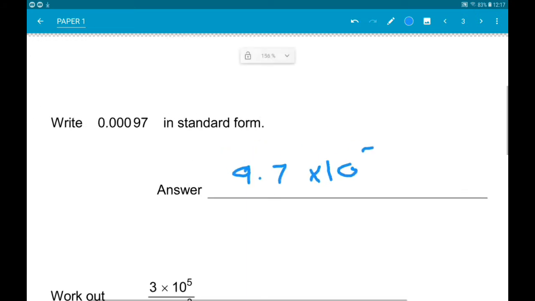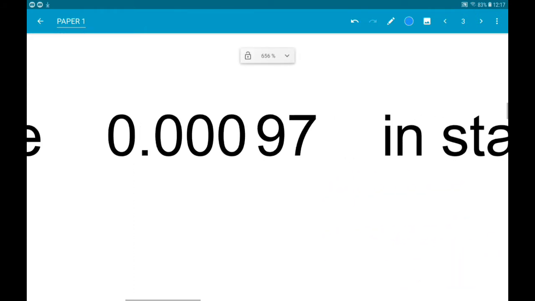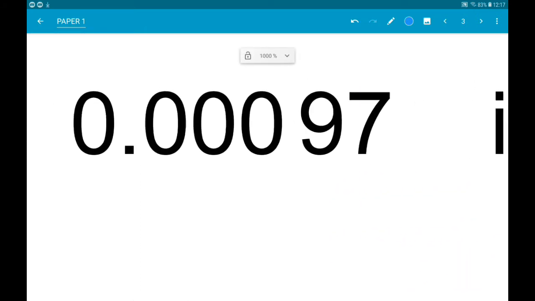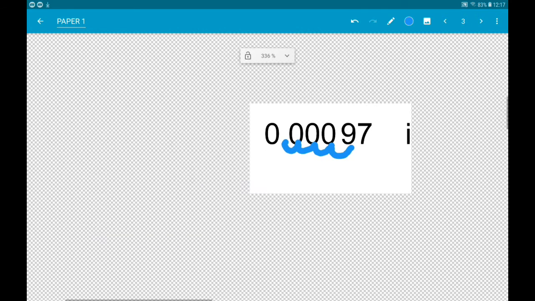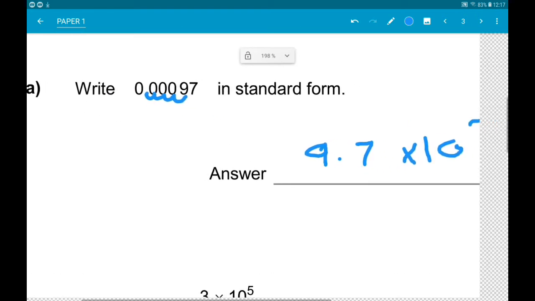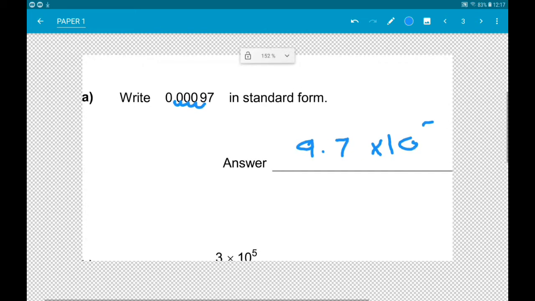Now to get the number, we need to know how many places the decimal has moved. So it's gone 1, 2, 3, 4. So it's 9.7 times 10 to the minus 4.